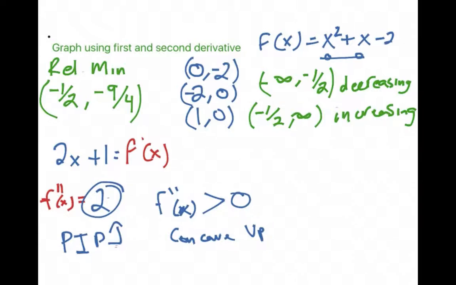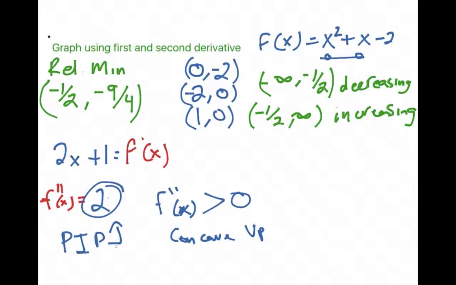That is what we know from our definitions. So, using this rule of concavity, our f double prime of x is equal to 2, and as far as I know, 2 is greater than 0.